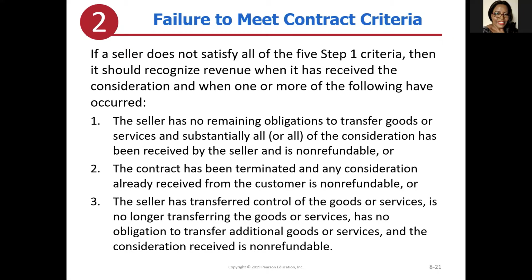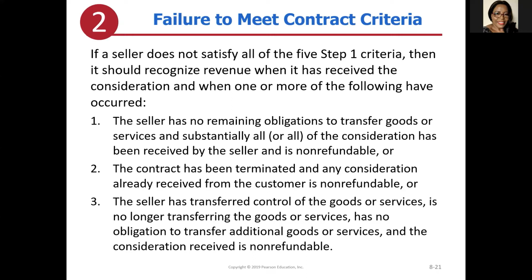If the seller does not satisfy all of the 5 step 1 criteria, then it should recognize revenue when it has received the consideration and when one or more of the following have occurred.